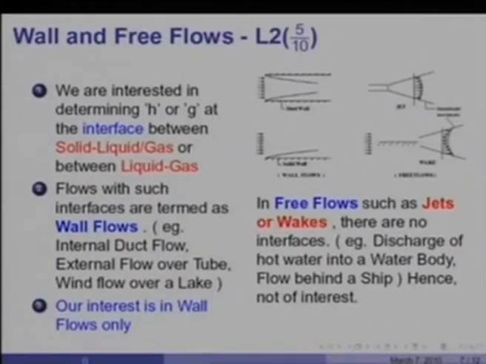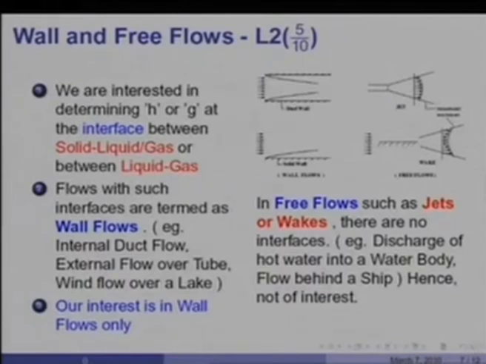consideration is wall flows and jet and free flows. Remember, we are interested in determining h and g at the interface between a surface and a fluid flowing past it. The surface may be solid or liquid, and the fluid flowing past it may be liquid or a gas.